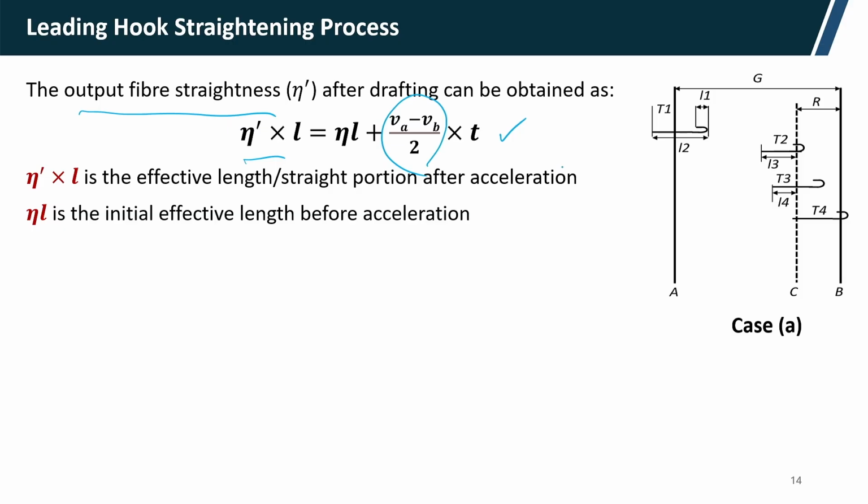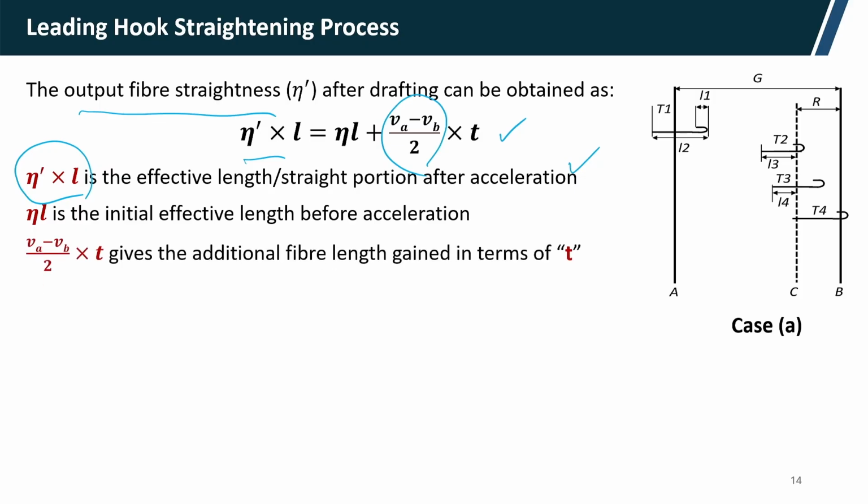So, this will be more because it is straightened, after the drafting portion. Here eta L is the before-drafting portion, and (V A minus V B) by 2 multiplied by T gives the additional fiber length gained.